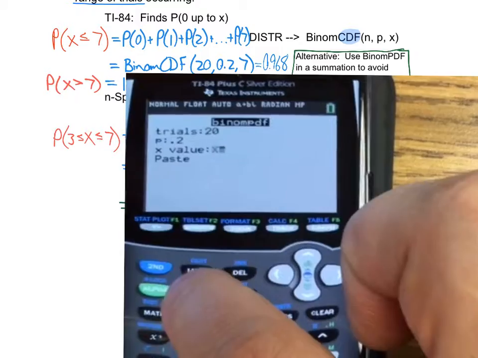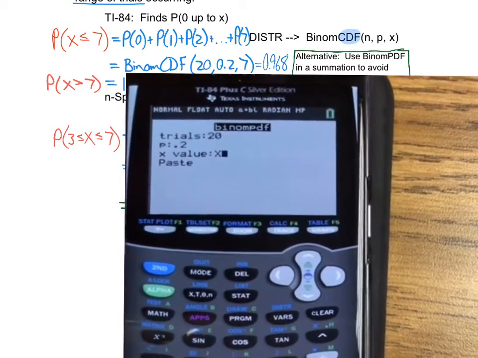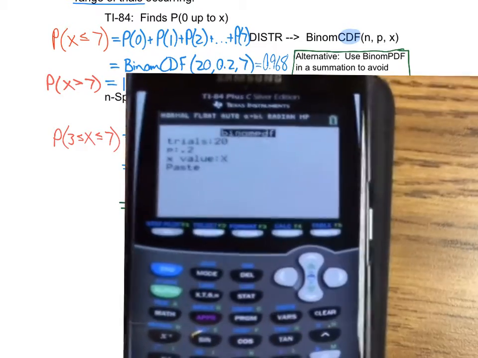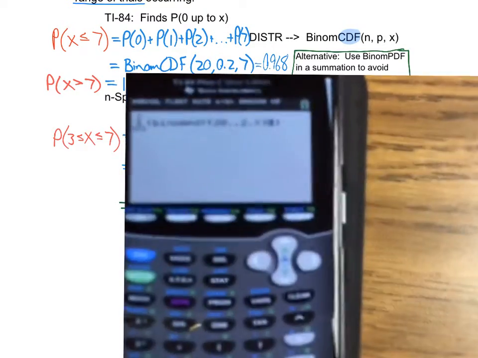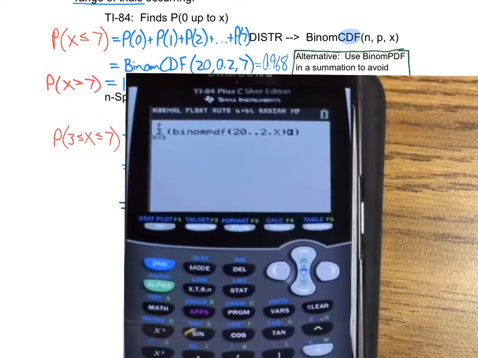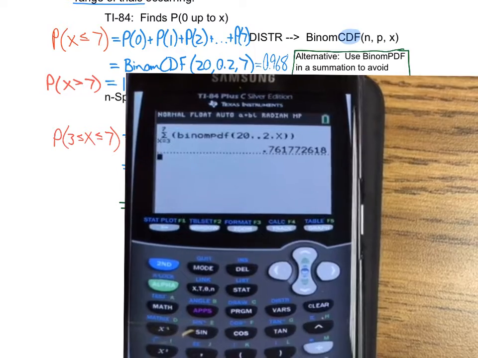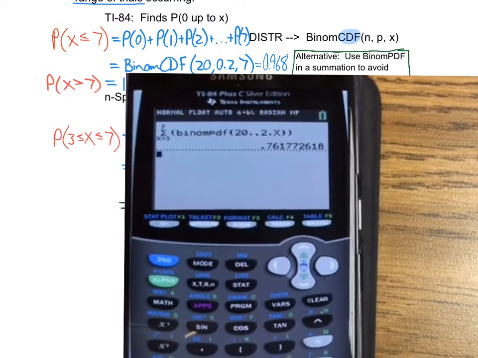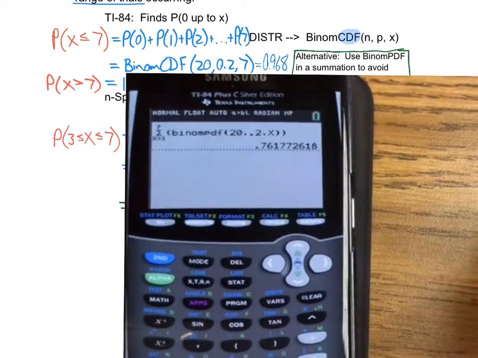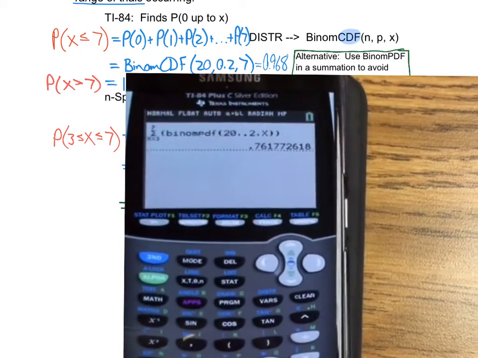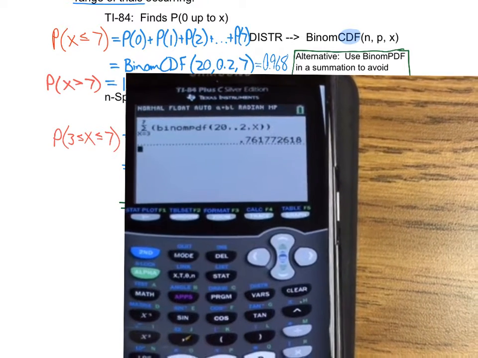And then I'm going to put in X for that. That's important. Then I hit enter, and you can see it put that in my sum. We should get 0.762 if we round to 3 significant figures. Is it 20, 0.2 and x? Yes, 20, 0.2 and X.